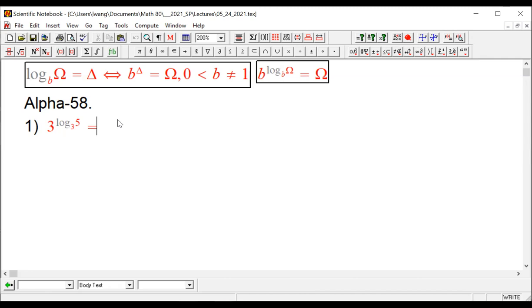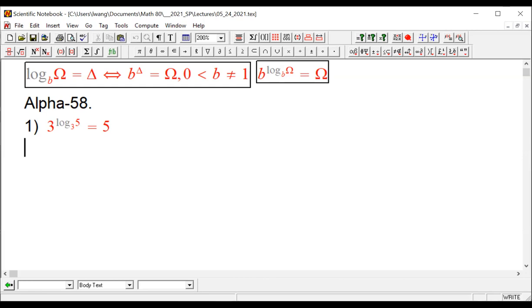And what is the number at the position of omega? So what is the answer? Marcelo, what do you think of the answer? Ellen, what is the answer? 5. Yes. Great job. Perfect.